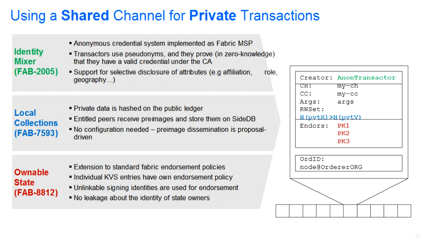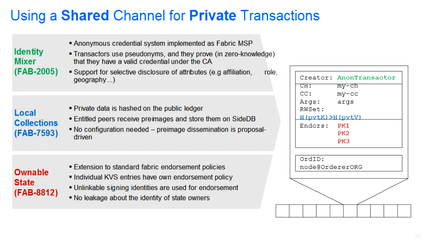One, for instance, would be to use SiteDB and local collections to generate and distribute ephemeral keys. So they're placed on the ledger publicly, but only the owners have the private key corresponding to those. Essentially key generation would be a chain code duty, key distribution would be a local collection duty, and then you'd have public verifiability.